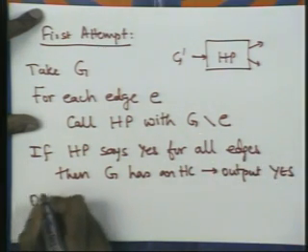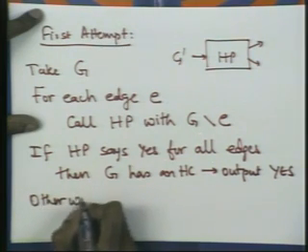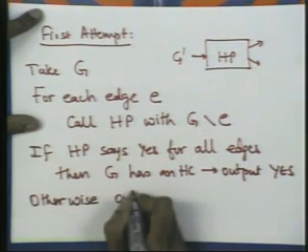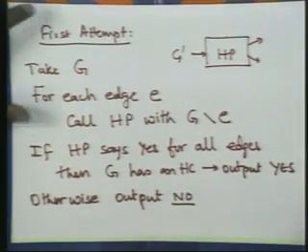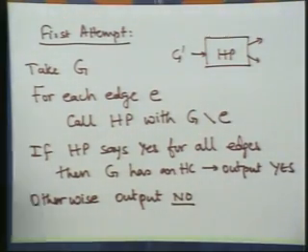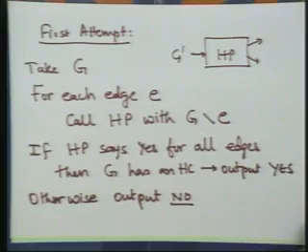Otherwise output no. So if HP says no for any input, then you say no. So this is the algorithm, and the question is, does this work? What do we mean by this question? What does it mean for this to work or not?